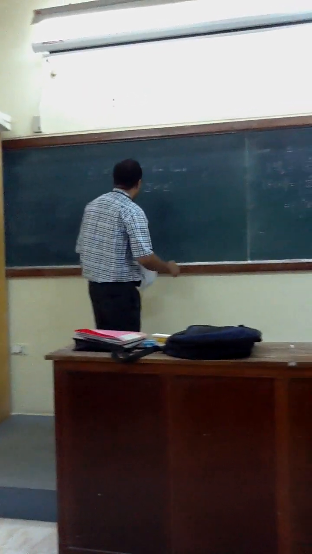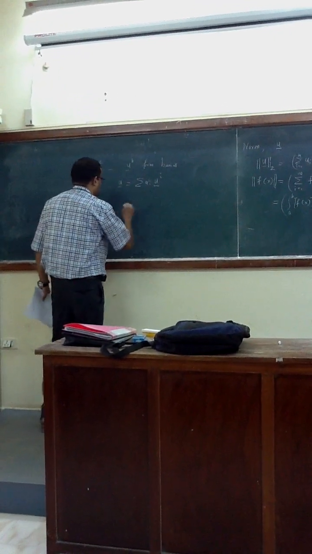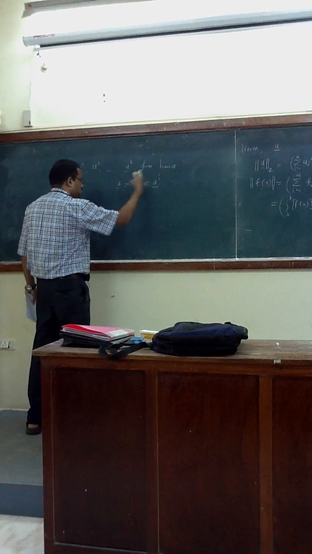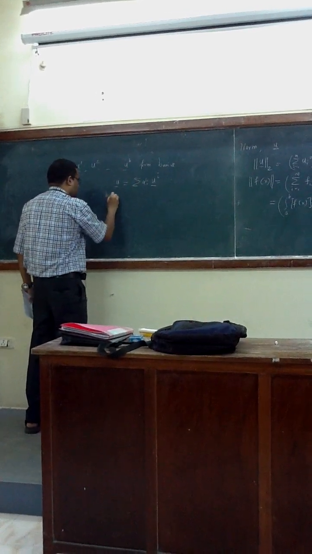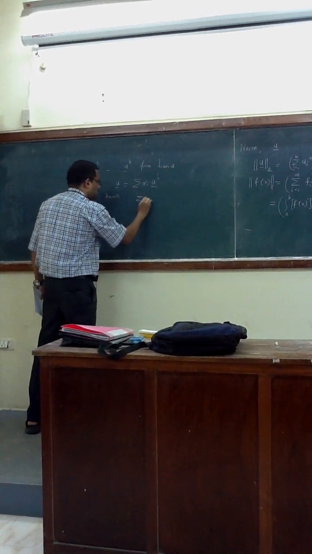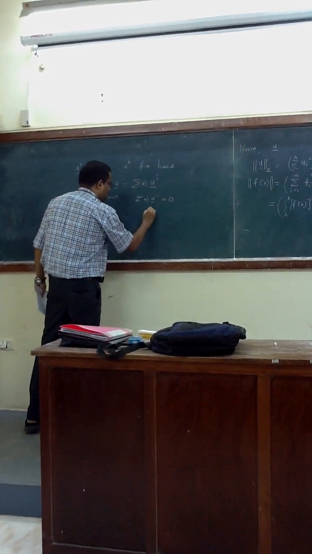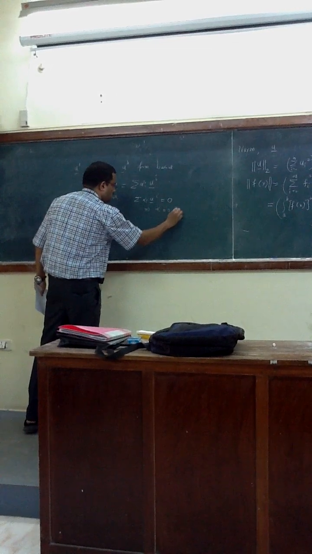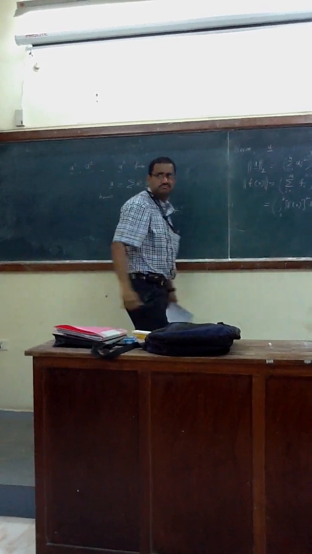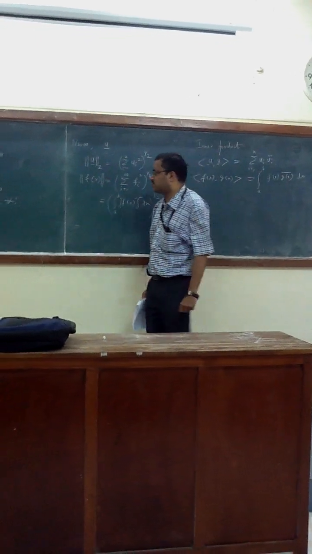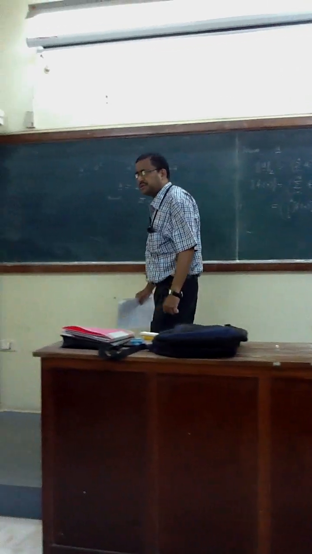And for linear independence, summation alpha_i u_i bar equals 0, and in that case alpha_i has to be 0 for all i. Right? Correct?